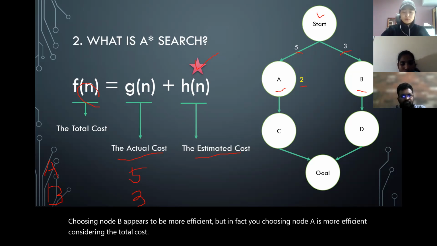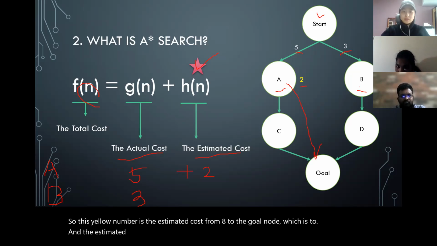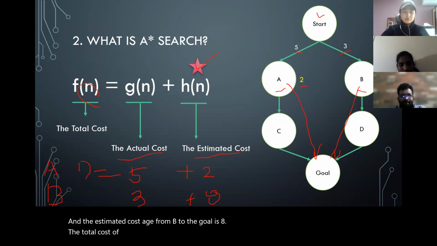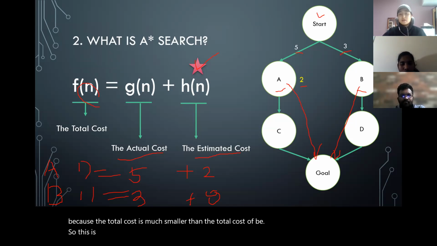The estimated cost h from A to the goal node is 2, and the estimated cost h from B to the goal is 8. The total cost of A will be 7, and the total cost of B will be 11. Thus, choosing A is more efficient because its total cost is much smaller than that of B. So this is the general concept of A-star search.